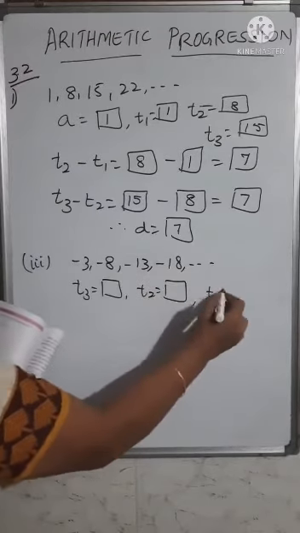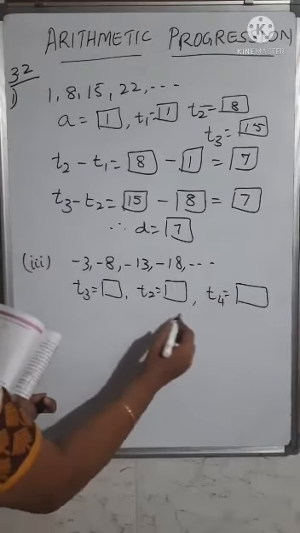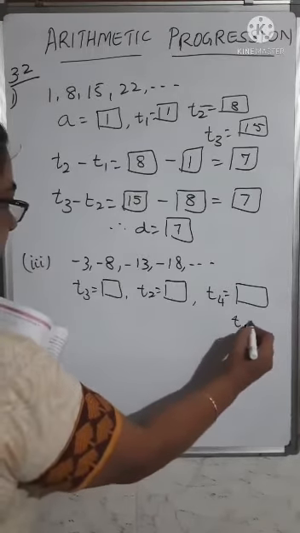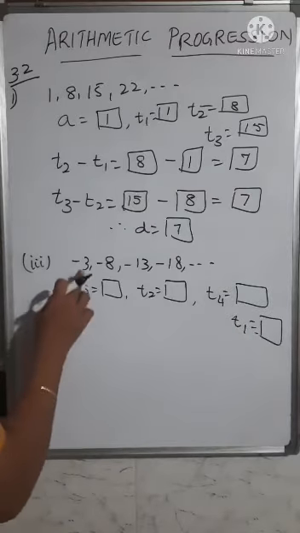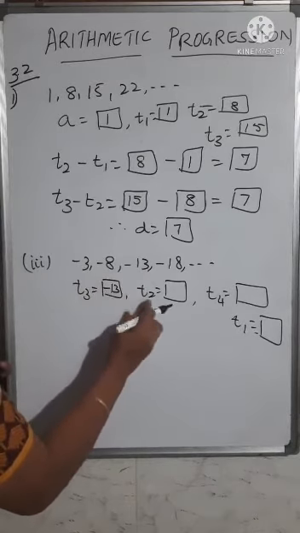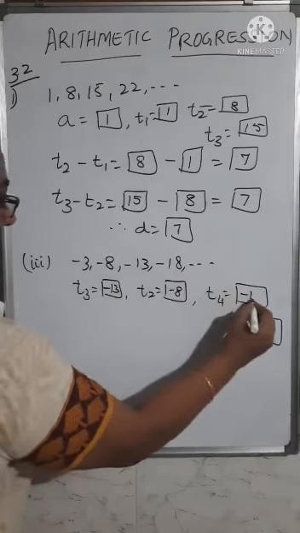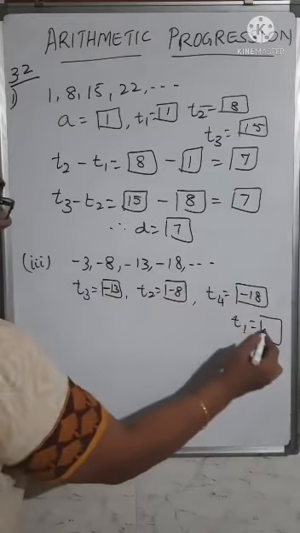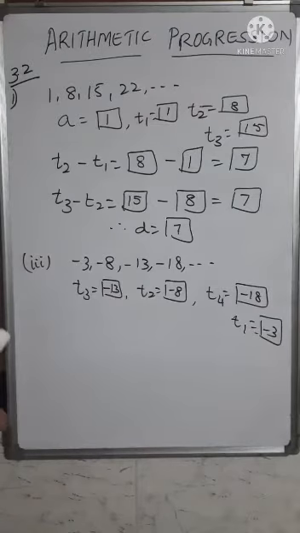They have just jumbled up everything, so you have to write them properly. What is T3? First, second, third term, so you get minus 13 here. Second term, minus 8. Fourth term, minus 18. First term, minus 3. See which term is asked and fill up the boxes accordingly.